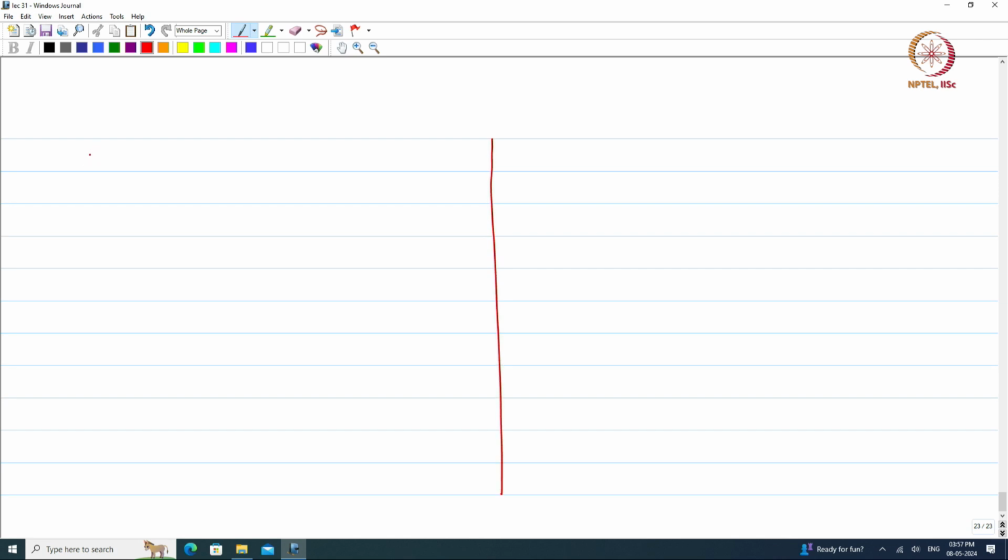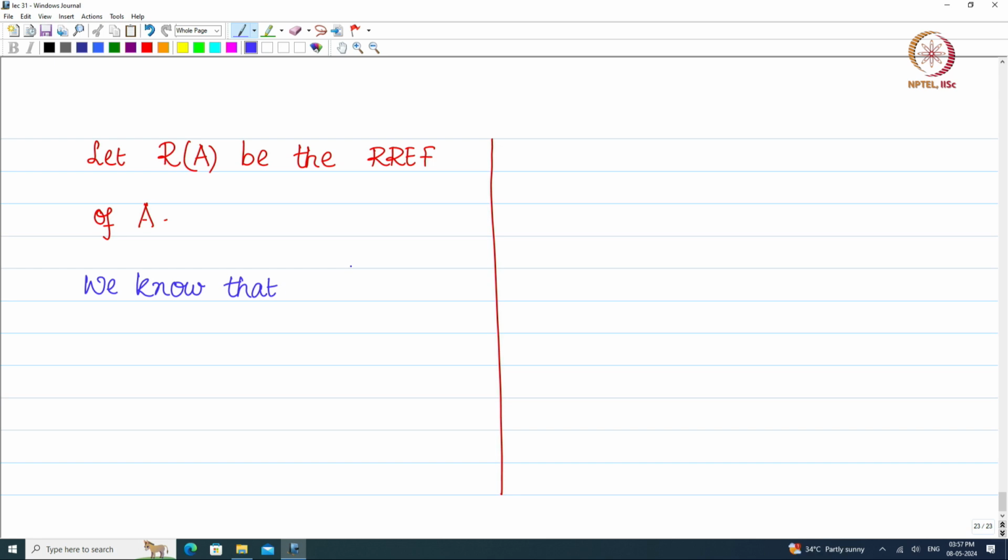Suppose I have the row reduced echelon form of A. So let R of A be the row reduced echelon form of A. Now we know that there are a few columns which will be pivot columns, and there are a few columns which will not have pivot elements at all, which will be attributed to your free variables.